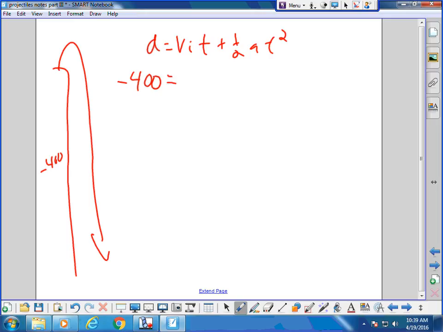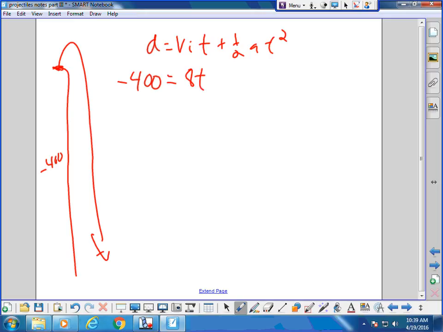What's my initial velocity? Yes, 8. 8 is the vertical, right? Because we're talking about from the launch spot to the bottom. So we're talking about this whole flight. So it's being launched at plus 8.